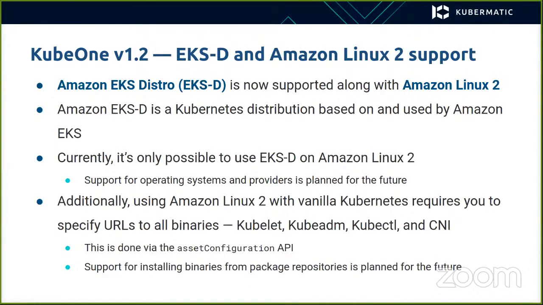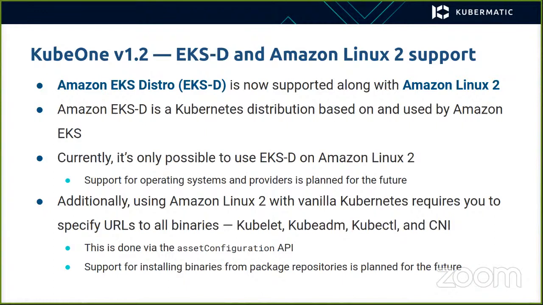Another feature that we are happy to announce is EKS-D support and Amazon Linux 2 support. EKS-D, or Amazon EKS Distro, is a distribution from Amazon, which is based on and used by the Amazon EKS product. Currently, it is only possible to use EKS-D on Amazon Linux 2, and support for other operating systems and providers is planned for the future.